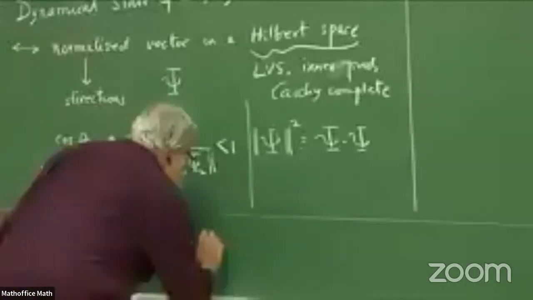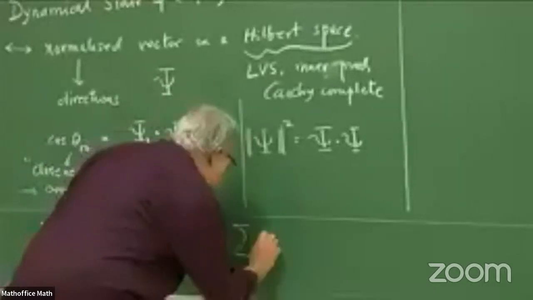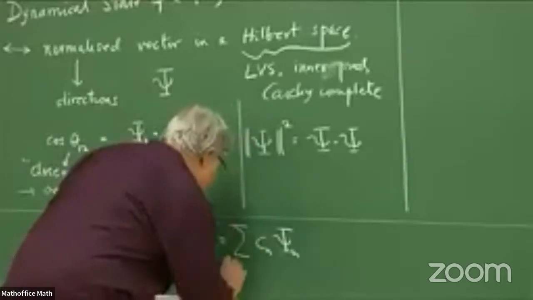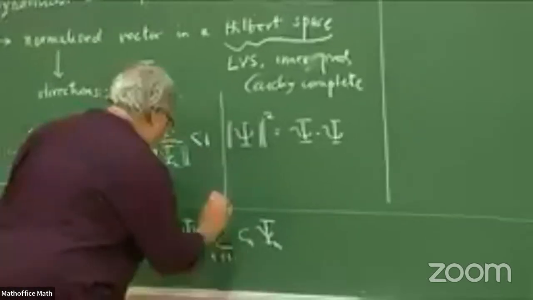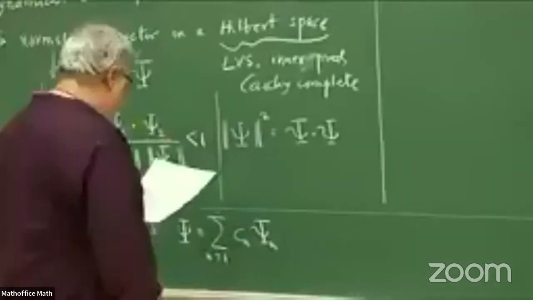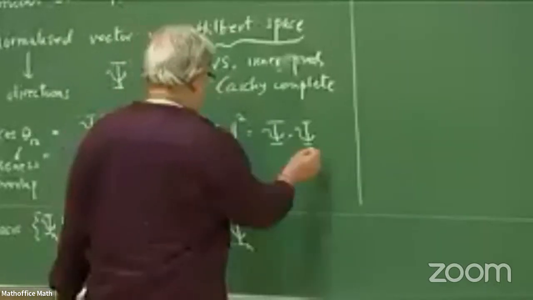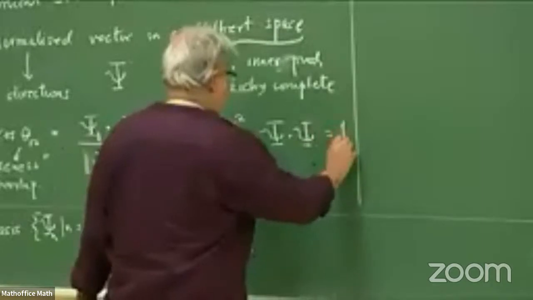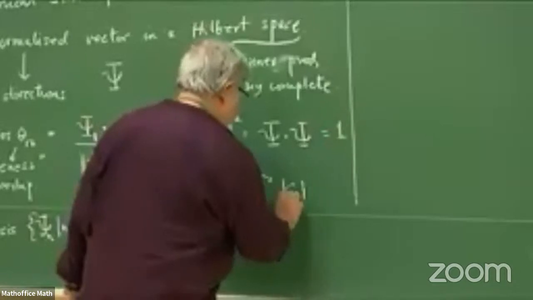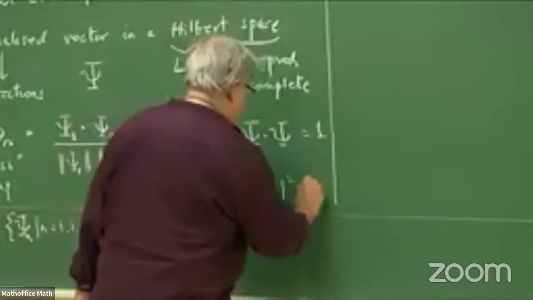And then I could write a state vector as a sum over some coefficients c n times psi n, to infinity in principle. And then the fact that the norm is 1 reduces to the equation sum of mod c n squared over all n is 1.